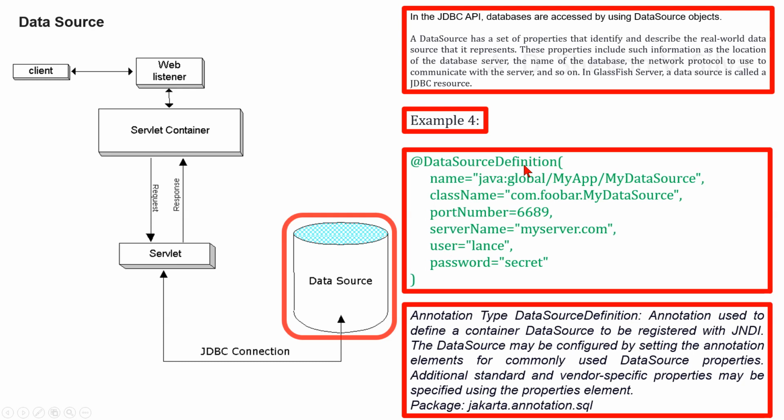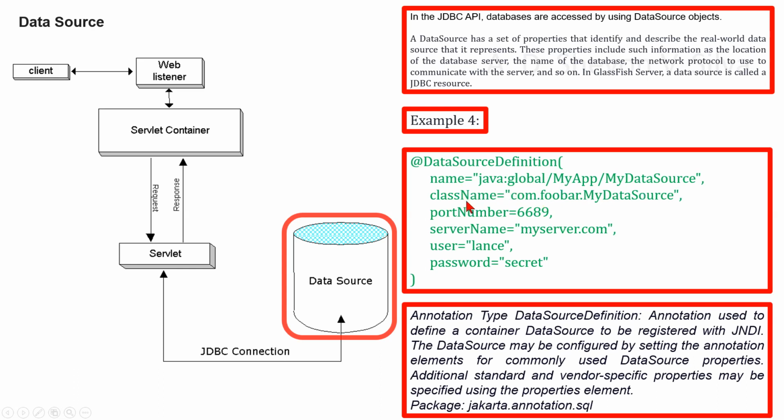Additional standard and vendor-specific properties may be specified using the properties elements. Here you can see String name, the required element, the JNDI name by which the data source will be registered.